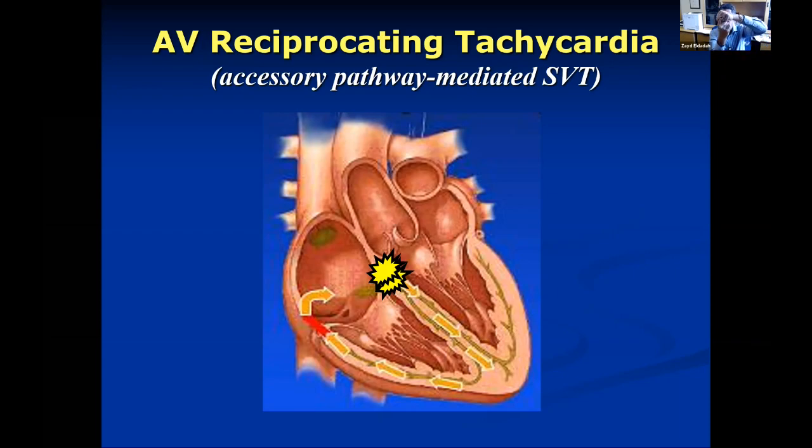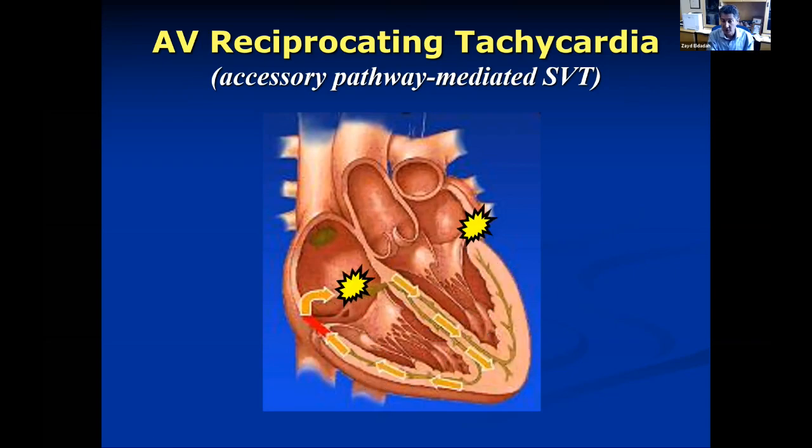But if that separation process was incomplete, and there's a little bit of muscle tissue that gets left behind connecting atria and ventricles, you could potentially have a secondary circuit. So in addition to the Route 95 pathway, you could have a Route 1 here. That's another bypass tract between atria and ventricles.